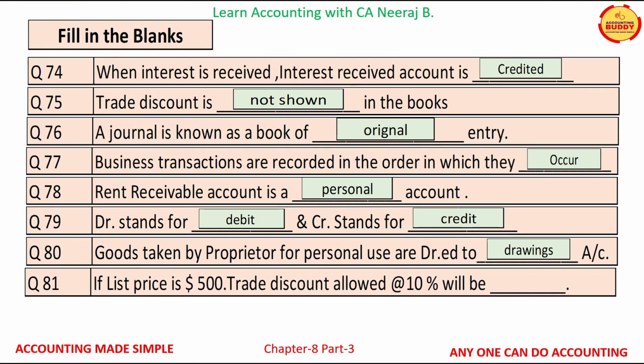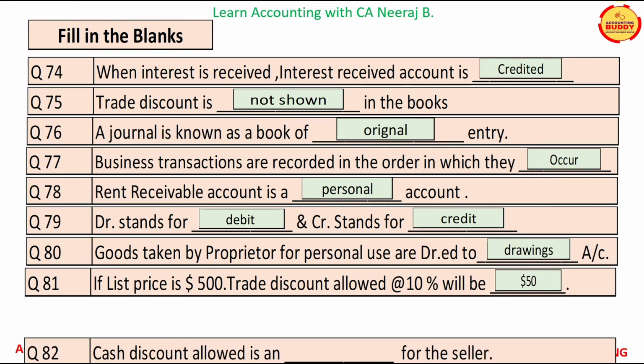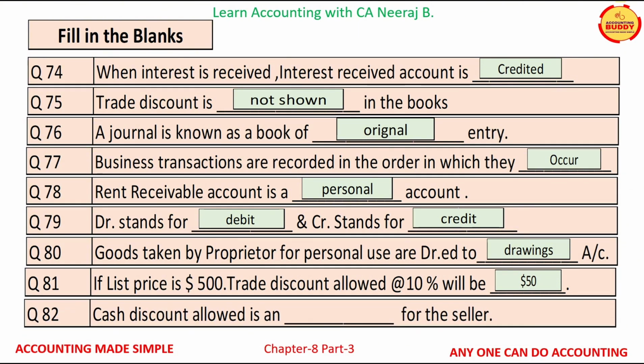Question number 81, if list price is $500, trade discount allowed is 10%, will be dash $50. Question number 82, cash discount is an dash for the seller, is an expense for the seller.